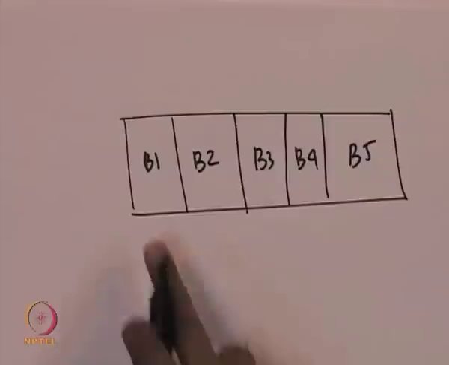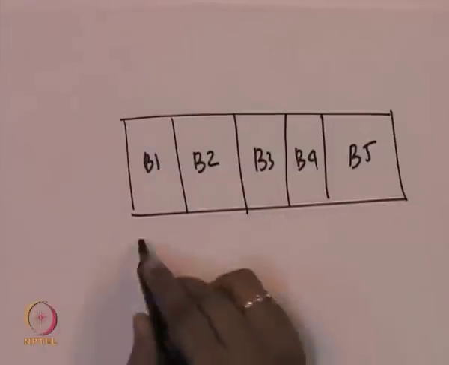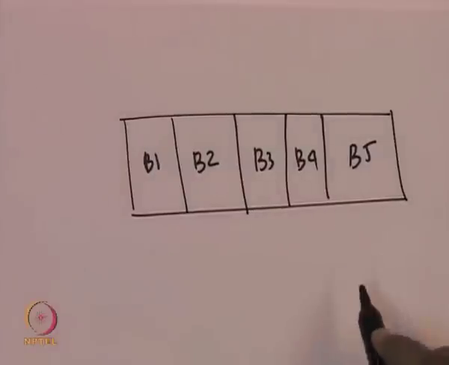And these books in the library will be arranged in a particular order according to either their serial number or accession number. There will be some particular number given to each book, and in a particular rack, these books will be arranged in a particular order.